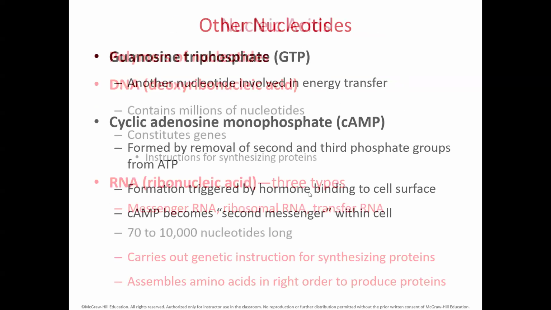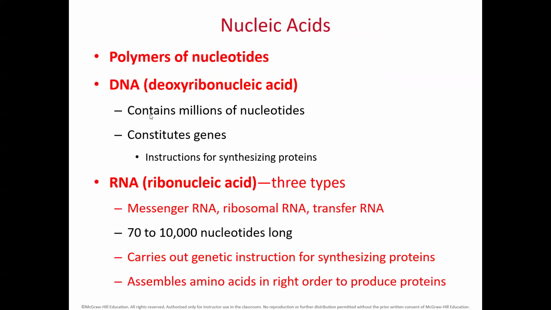Now, nucleic acids are polymers of nucleotides. There's DNA and RNA. DNA is usually found only in one area, right? And that's in our nucleus right here. It contains millions of nucleotides. It contains genes that code for different proteins our body makes.